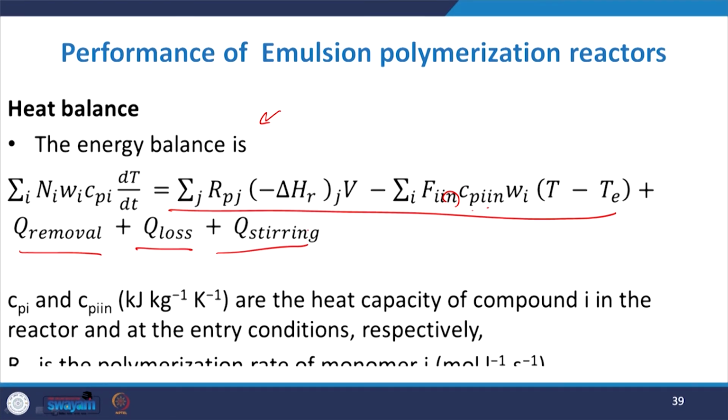Now here Cpi and Cpi in, this is in kilojoule per kilogram per Kelvin. They are the heat capacities of the compound I in the reactor at the entry condition respectively.